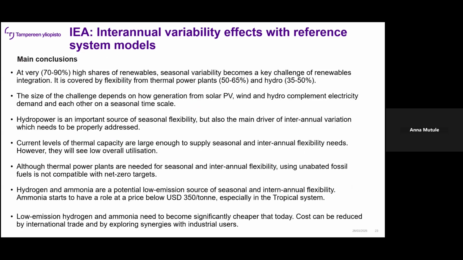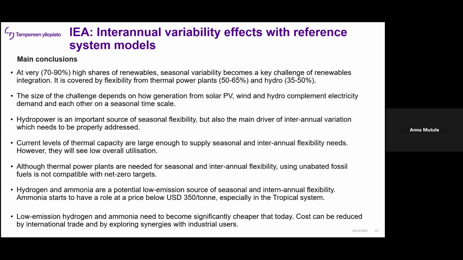To just wrap up, the analysis shows that with 70 to 90% variable shares, seasonal variability becomes one of the biggest challenges. And of course, this is largely addressed through thermal generation, while hydropower also plays a key role in seasonal balancing.